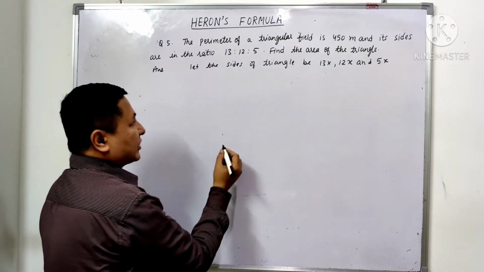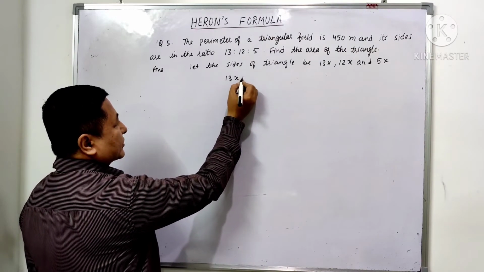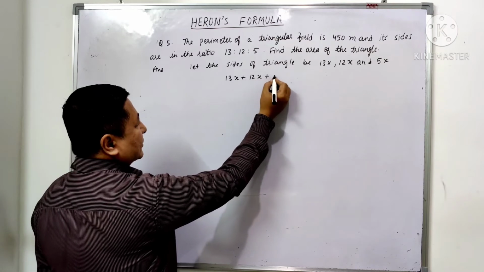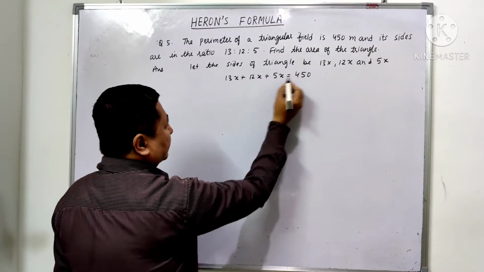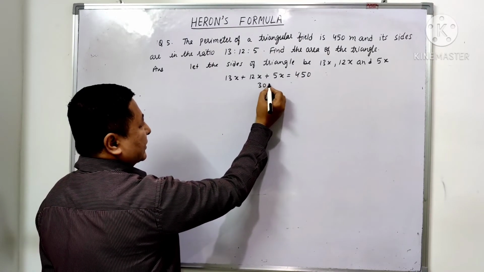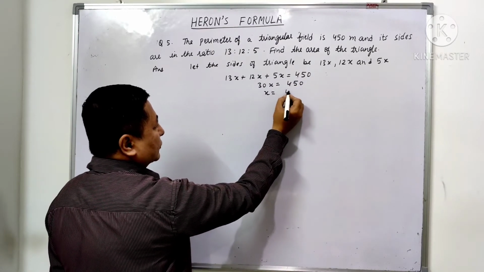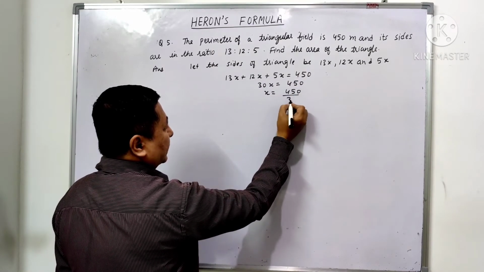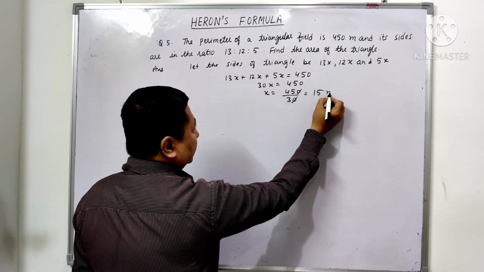Now the perimeter is 450, so we'll add all the three sides. 13x plus 12x plus 5x is equal to 450. So 13 plus 12 is 25, plus 5, 30x is equal to 450. So x will be equal to 450 upon 30, that will be equal to 15 meter.